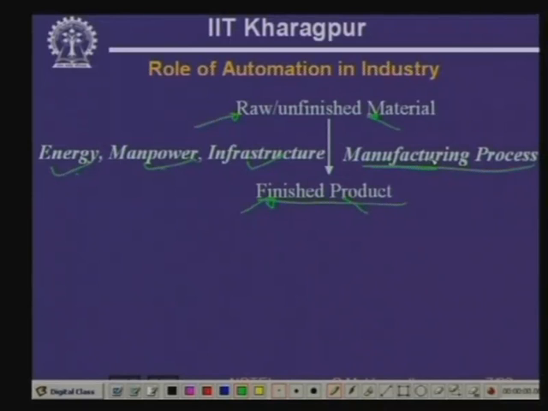One is energy, another is manpower, another is infrastructure. And using these, and through a manufacturing process, the raw or unfinished material is transformed to a finished product, right. So, this is the basic function of a factory.